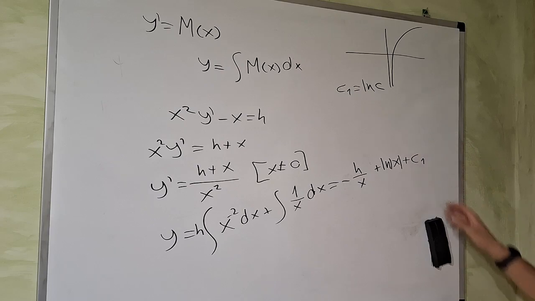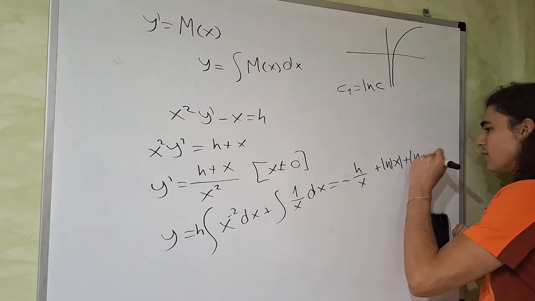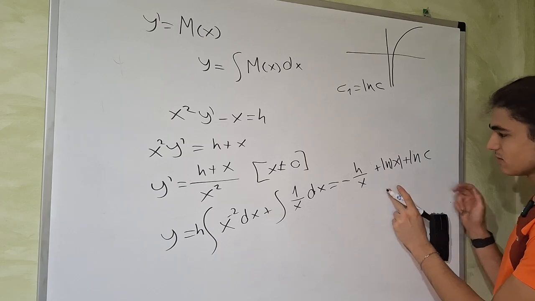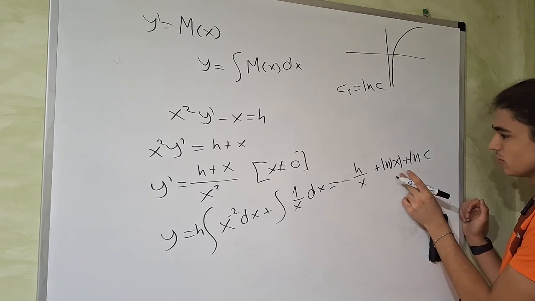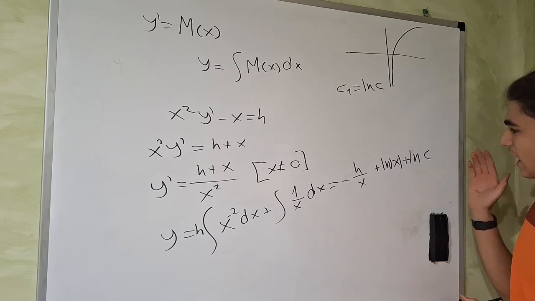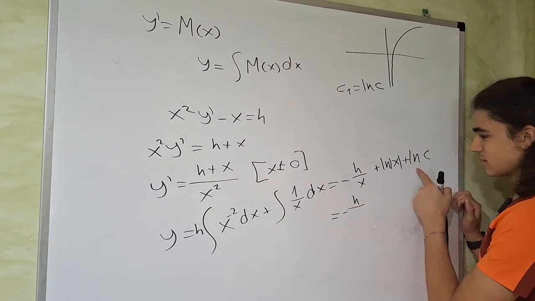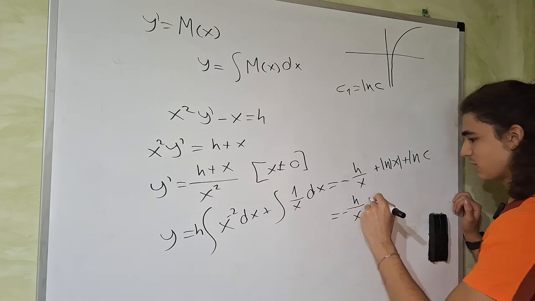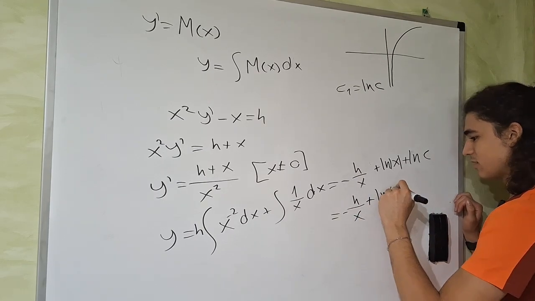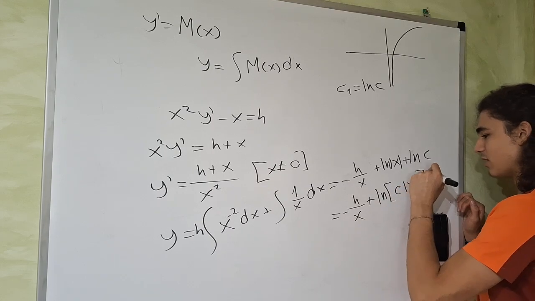So we can do this substitution here, and it turns out to be very interesting because now, thanks to the properties of logarithms, we can bring these two logs together, because this is a sum of logarithms, so we can write this as the natural log of the constant c times the absolute value of x.